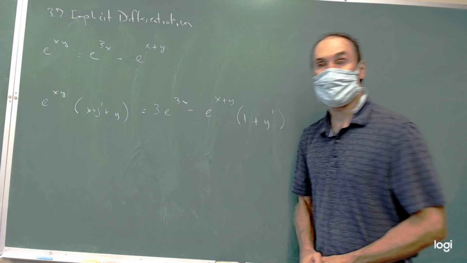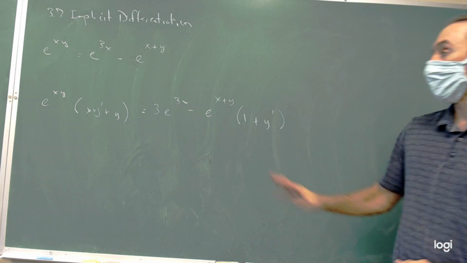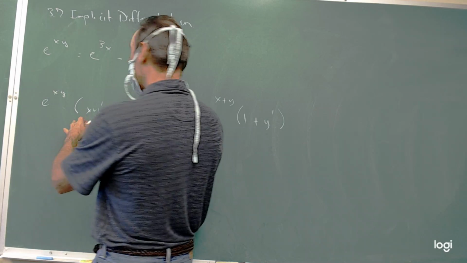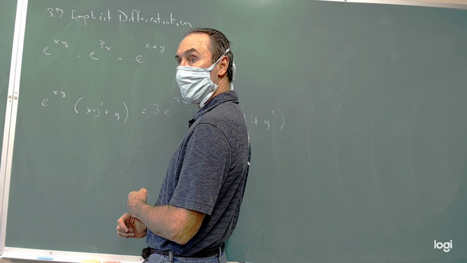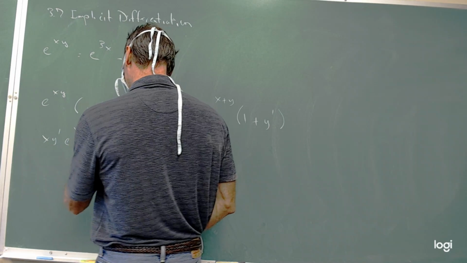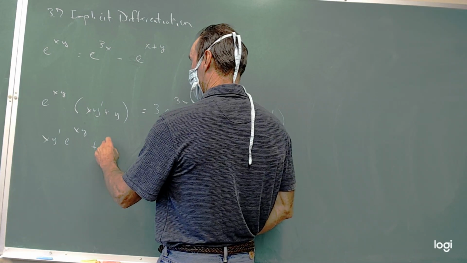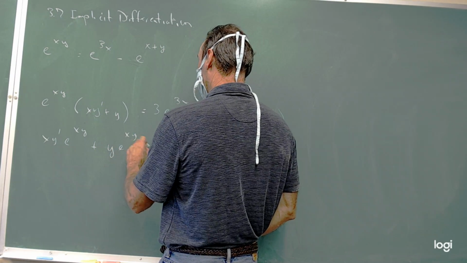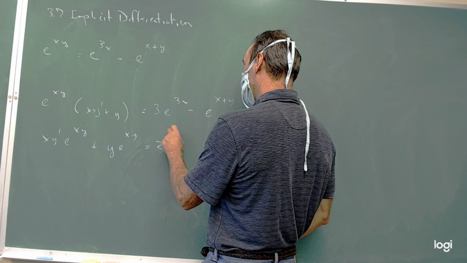They're going to need to be separated out. So let's distribute here. The e to the xy times xy prime, xy prime e to the xy, good, plus, good, equals, not much we can do with e to the 3x yet.